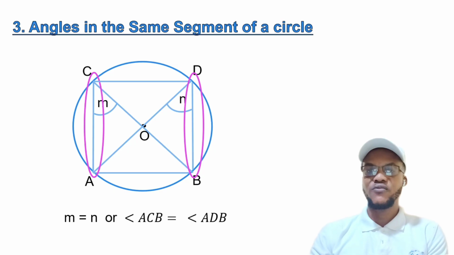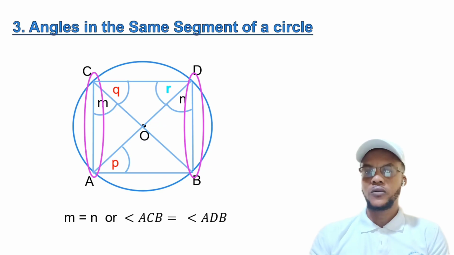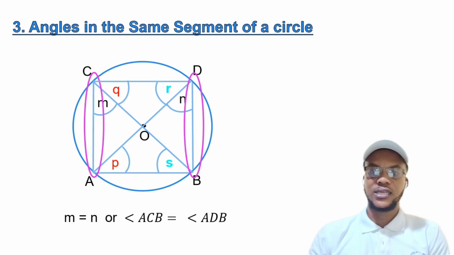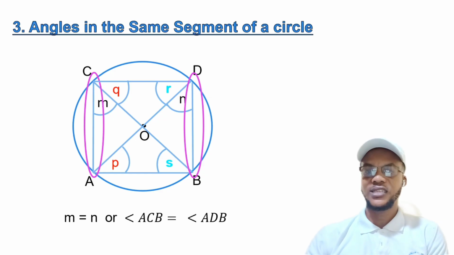If that's the case, then we can have an angle P here, which will be equal to angle Q, and also have angle R here, which is also equal to angle S. When you get this diagram, know how to identify these angles. These are some of the questions that you can get. So when you get such questions, you don't have to panic. Once you learn the theorem well, it is very easy to find your answers.